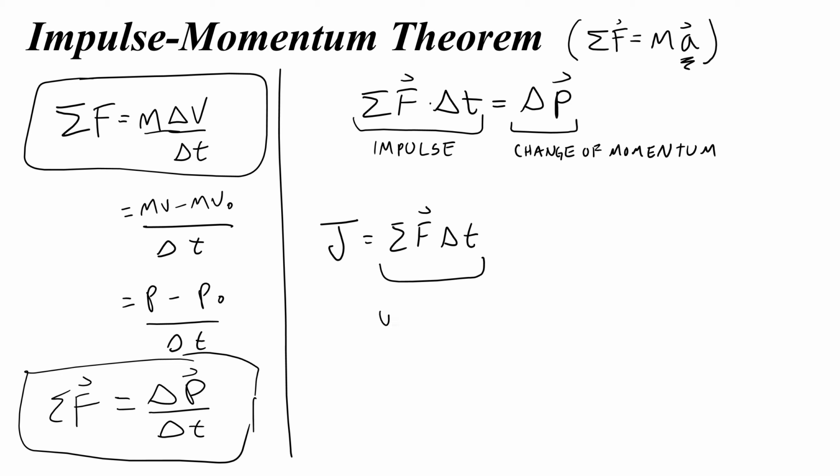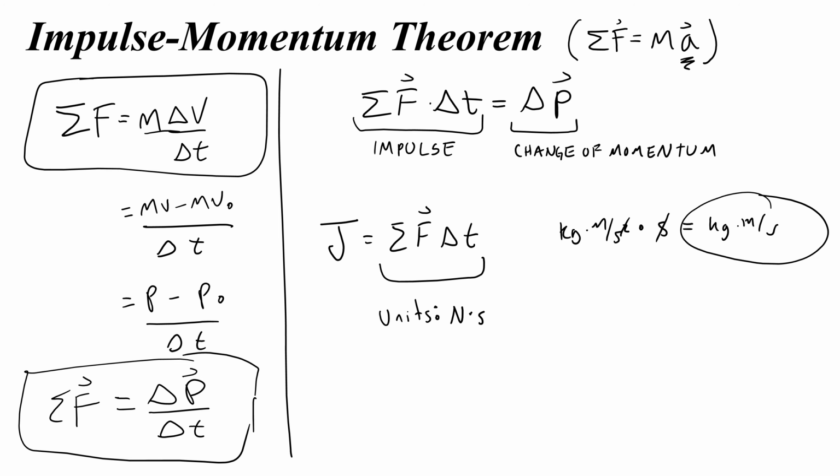The units are going to be newtons times seconds. And if I write this off to the side, a newton is a kilogram meter per second squared times a second, then what I get is a kilogram meter per second, which is the unit of momentum. So the units of newton seconds of impulse is equal to kilogram meters per second of momentum.